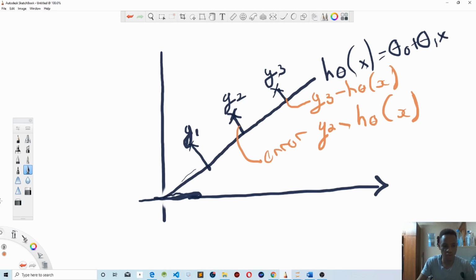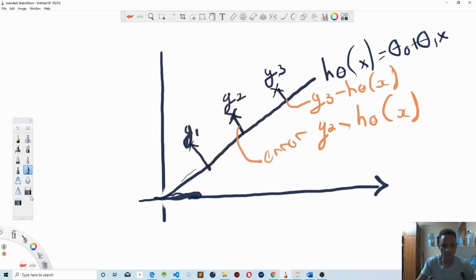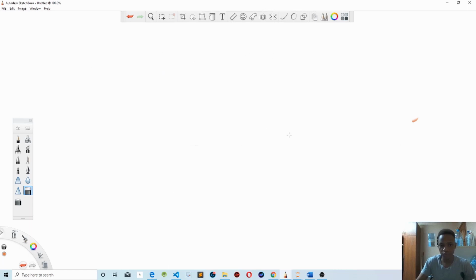So this leads us to what we call the cost function. Let's say you are a driver and you are drinking and driving.